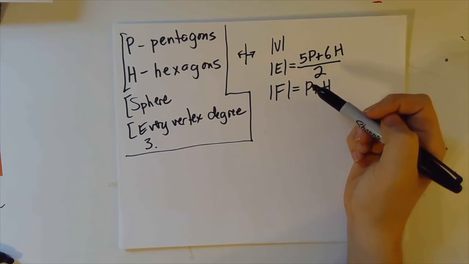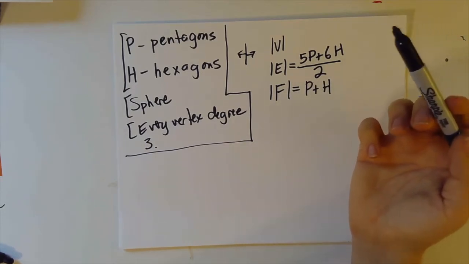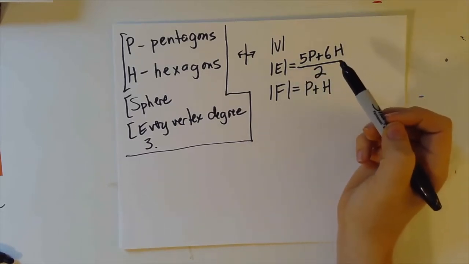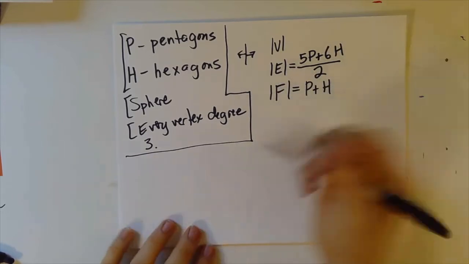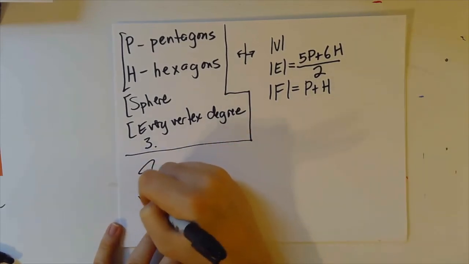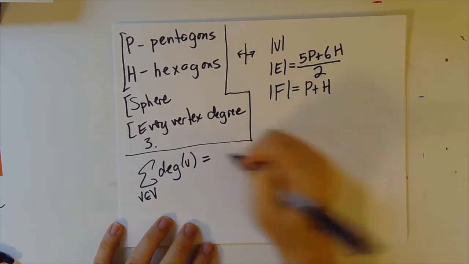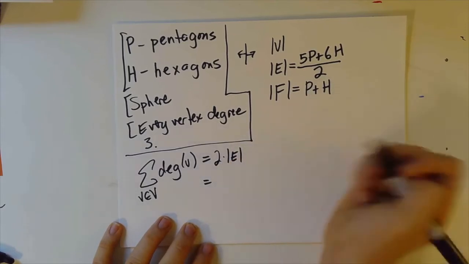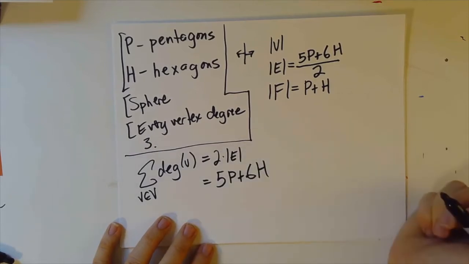But by a similar argument, every edge contributes half an edge to each vertex, which is telling me by the handshaking lemma that if you took the sum across the vertices of the degree of that vertex, you'd get twice the number of edges, which is to say that you would get 5p plus 6h.